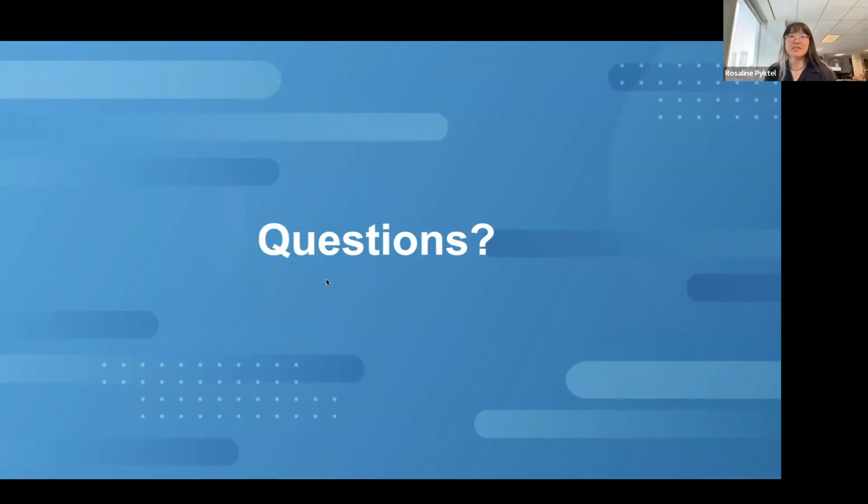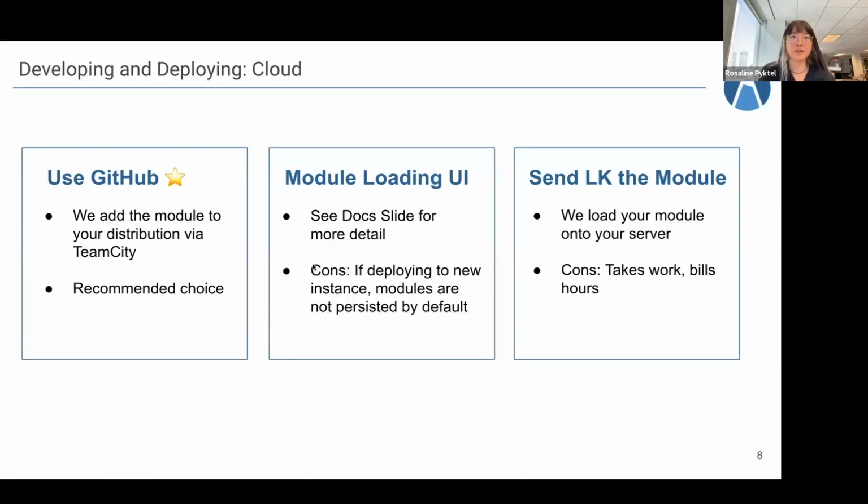All right. So the next step is to talk about the processes of deploying what you have built. We'll talk about cloud first and then on-prem. If you're hosted on cloud with us, you have a couple of options.